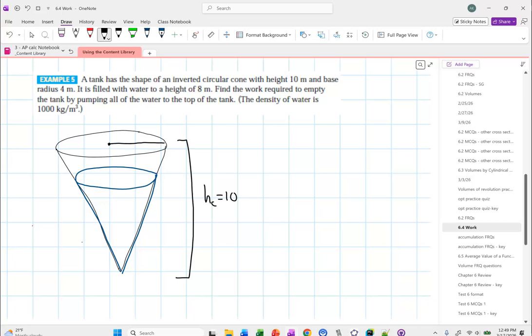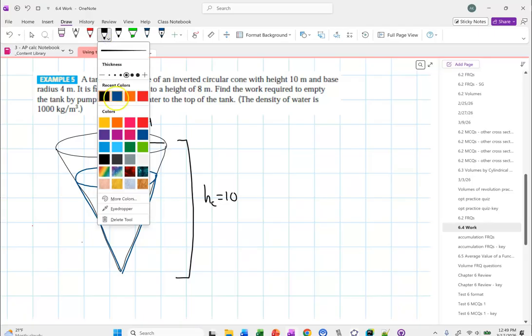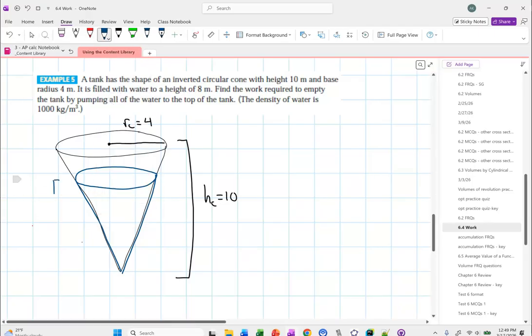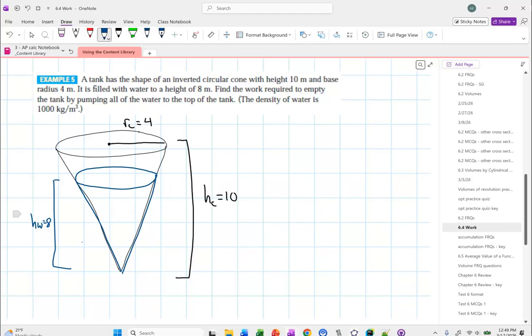Just going to kind of draw in some marks from the given information. Everybody okay with the picture I've drawn and sketched in here?